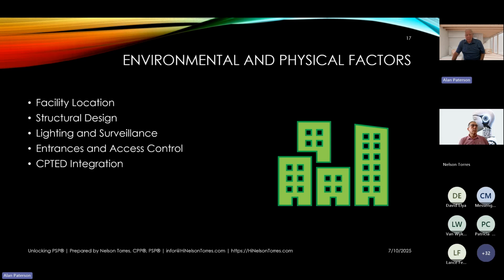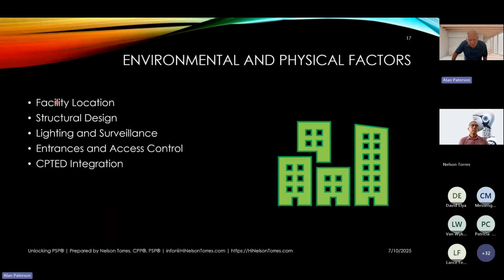So the facility location. We touched on this a few slides back, but local crime trends and police response times. These are the things that shape security vulnerabilities. Proximity to any civil unrest zones, protest venues, or high-risk industries.